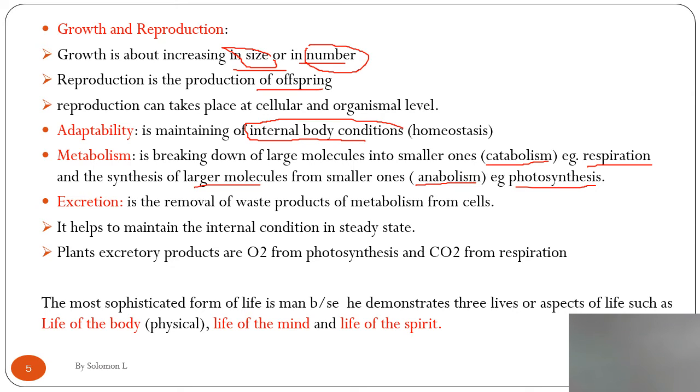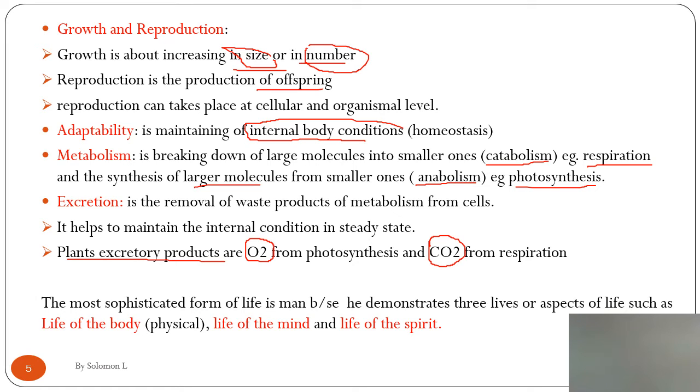All organisms can excrete. For example, plants can excrete. They release oxygen during the photosynthesis process. Still, plants can release carbon dioxide during respiration. Of course, plants need carbon dioxide for the photosynthesis process. However, plants can respire too.